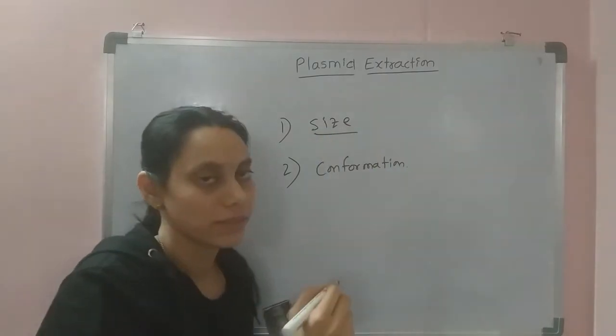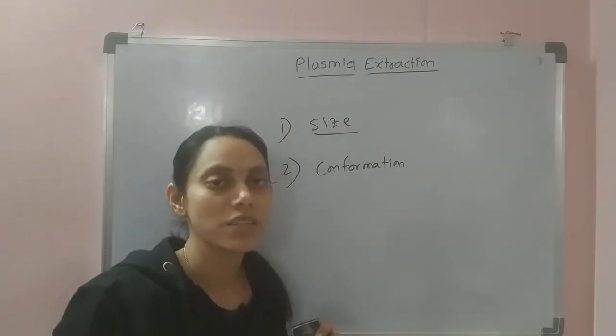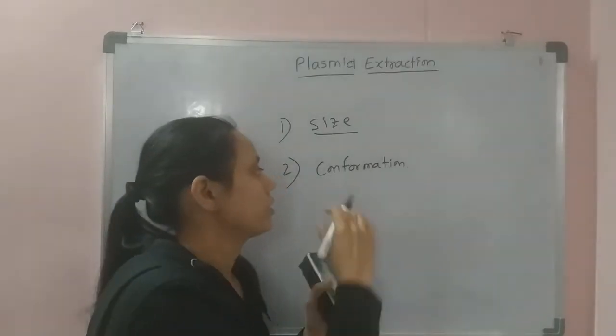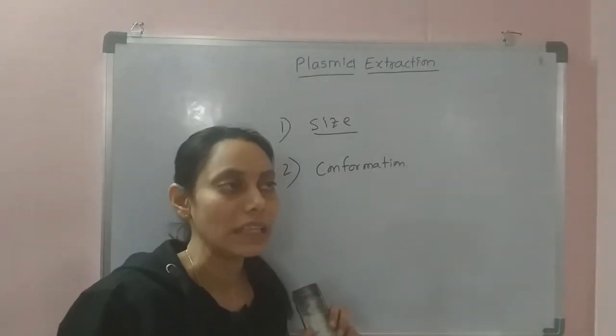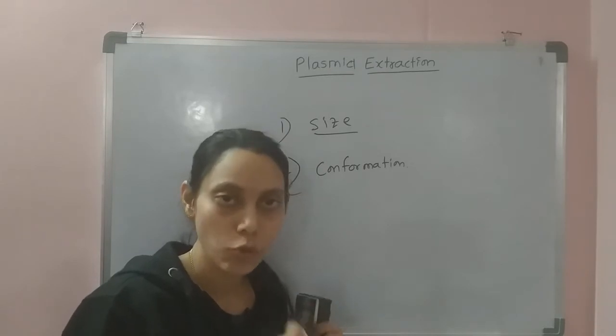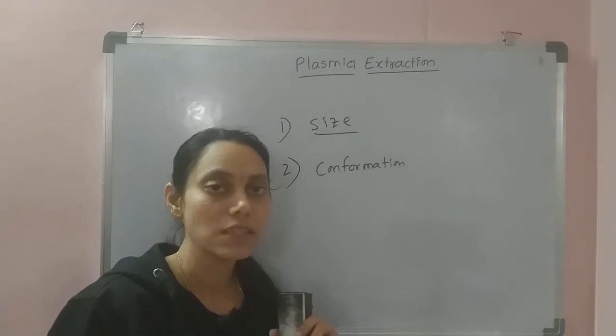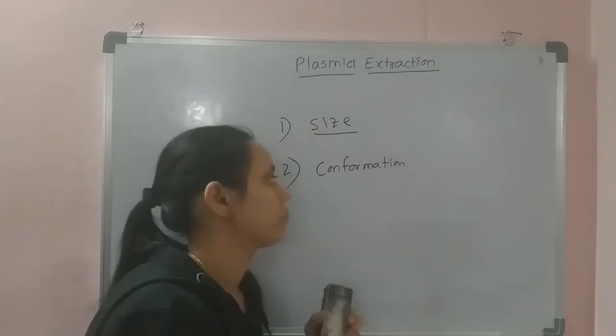As we already discussed, the size of the plasmid is much smaller than the genomic DNA. And coming to the conformation, these are mostly present in supercoiled forms. So, based on these conformational differences, we can isolate our plasmid.